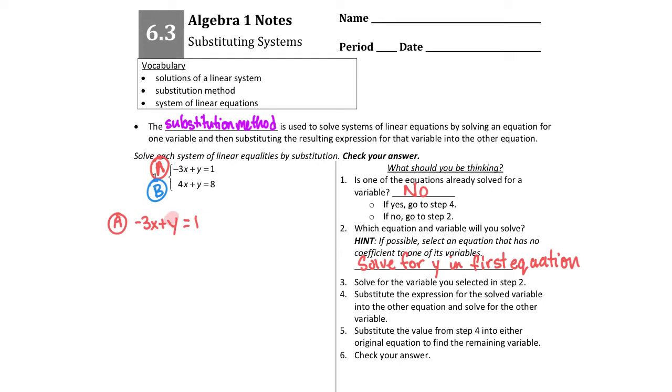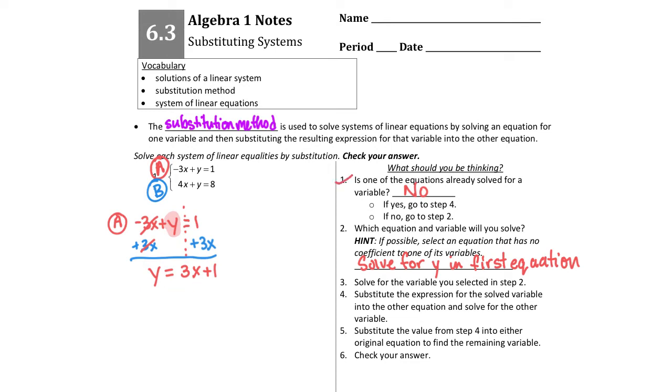To solve for y, I want to get that y by itself on that side of the equal sign. So all I need to do is add this 3x to both sides. After I add that 3x, I end up with y equals 3x plus 1.